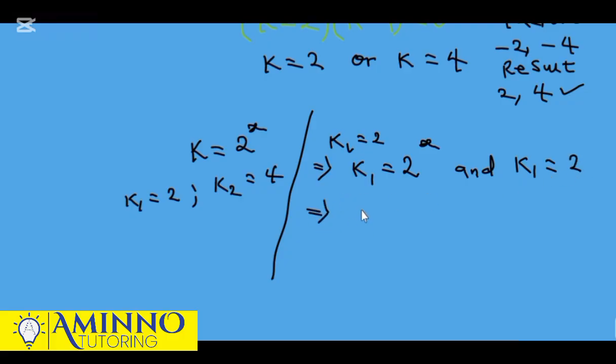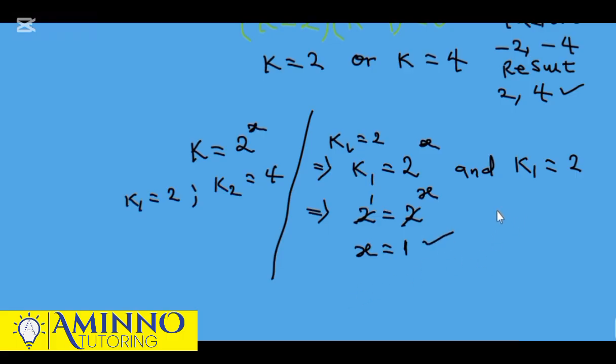It implies that you have 2 equals to 2 power x. This is raised to the power of 1. Now, this will cancel this, and what is left on top will be x is equals to 1. So, our x is equals to 1.